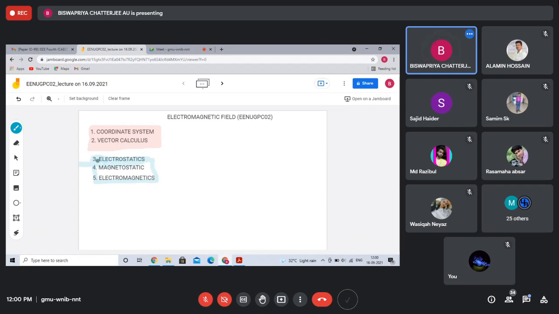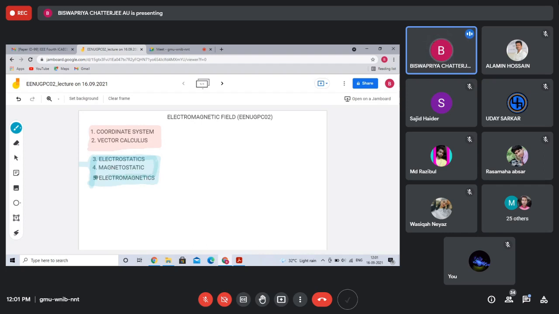All the activities, like how current is flowing, how voltage is generating, how flux is creating, will be explained by these three modules. That includes Lenz's law and Faraday's law of electromagnetic induction.